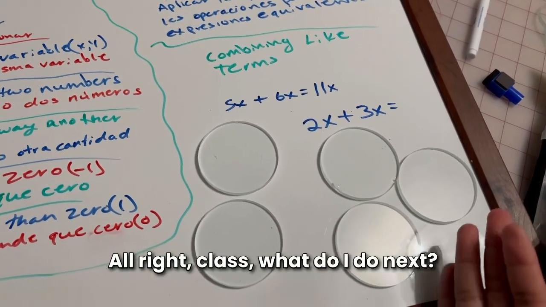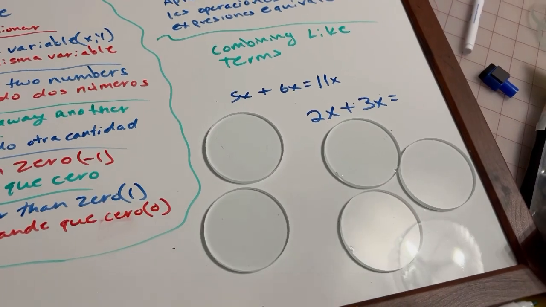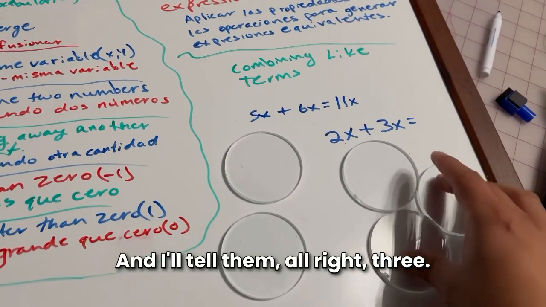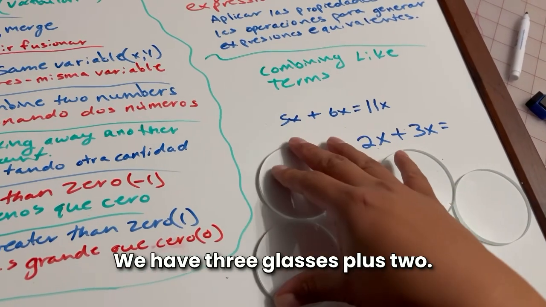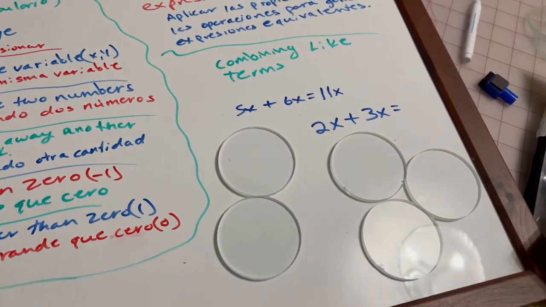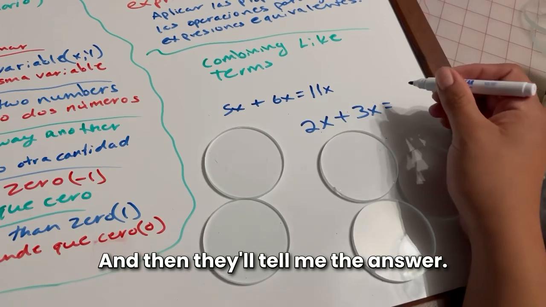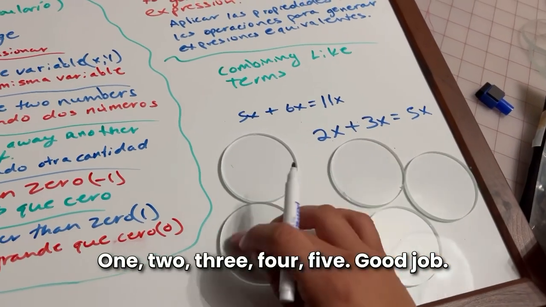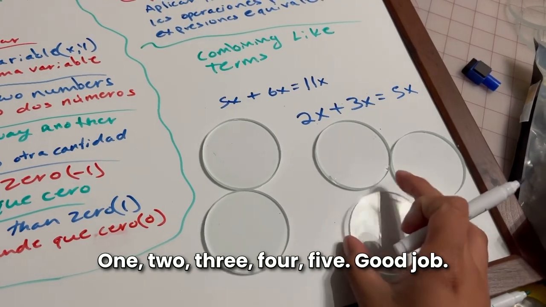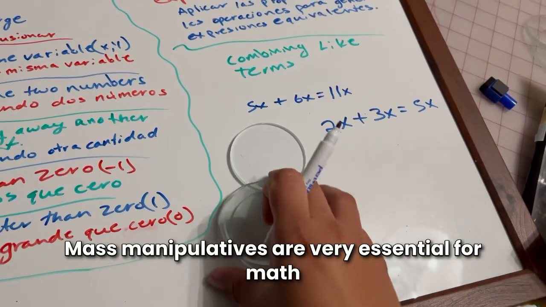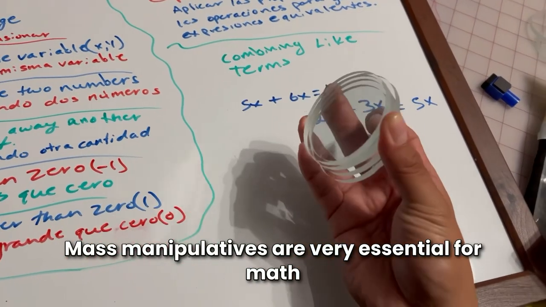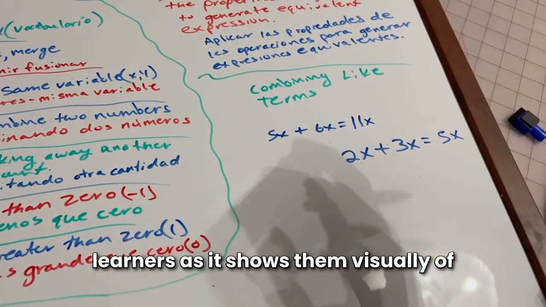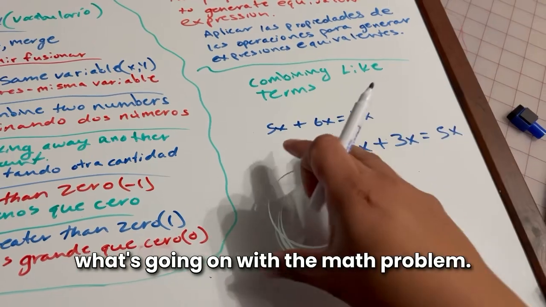Like, all right, class, what do I do next? And I'll tell them, all right, we have 3 glasses plus 2. And then they'll tell me the answer. 1, 2, 3, 4, 5. Good job. That's what I would tell my students. Math manipulatives are very essential for math learners, as it shows them visually what's going on with the math problem.